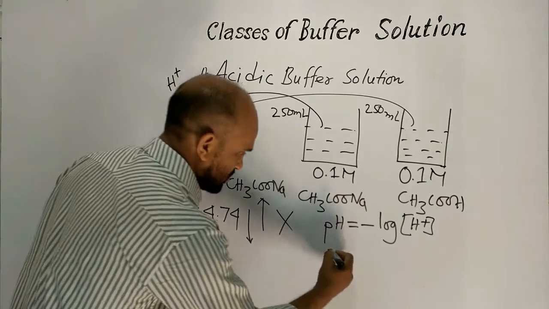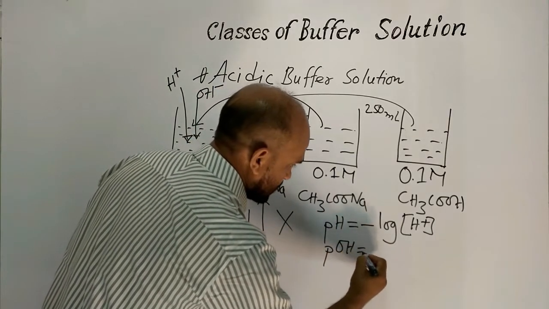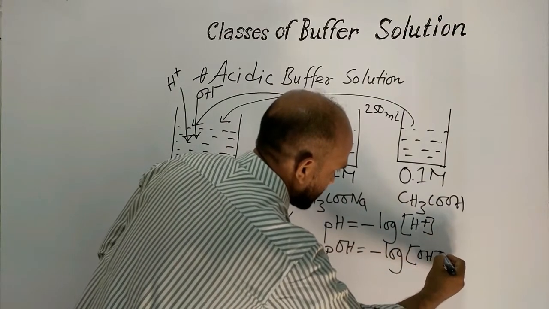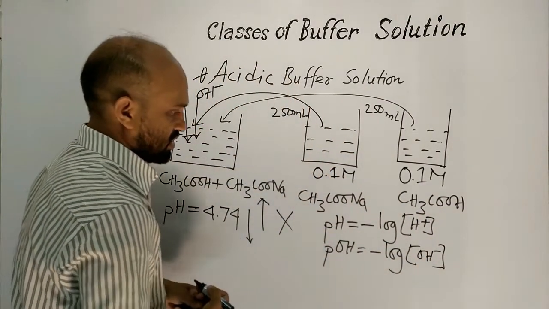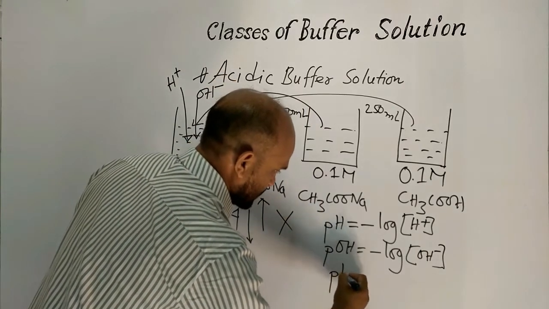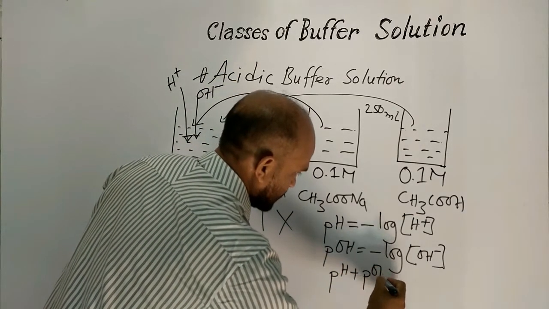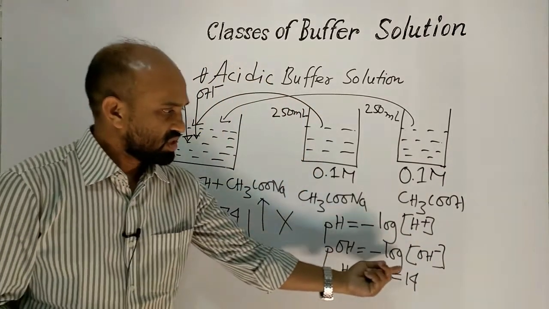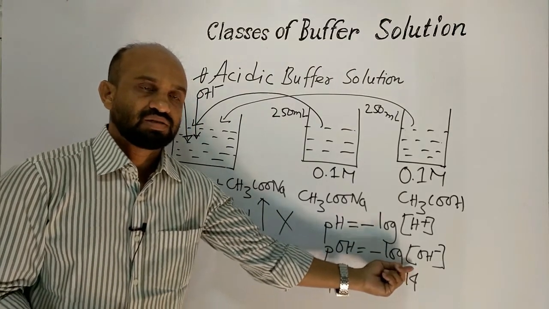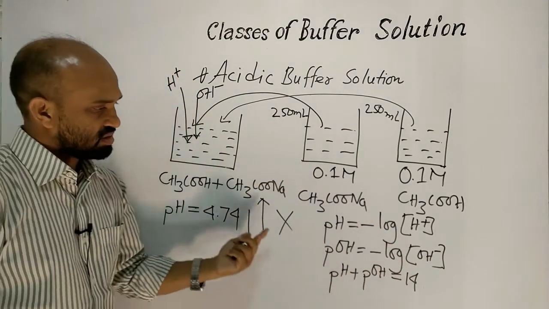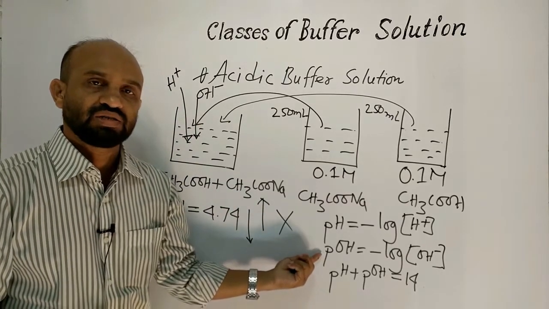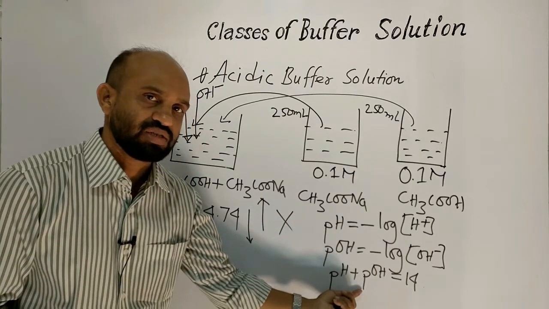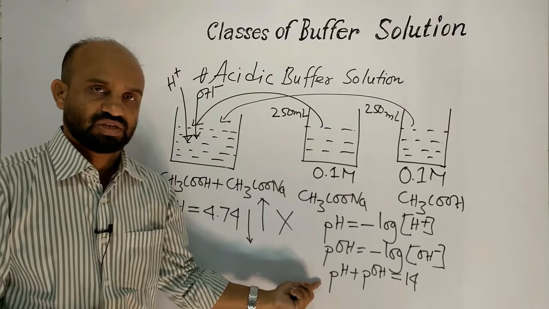Similarly, we know pOH is equal to negative logarithm of hydroxide ion concentration, and another equation, pH plus pOH is equal to 14. So when in this solution strong base is added, then ultimately pOH should be changed, and with the change of pOH, pH should be changed.